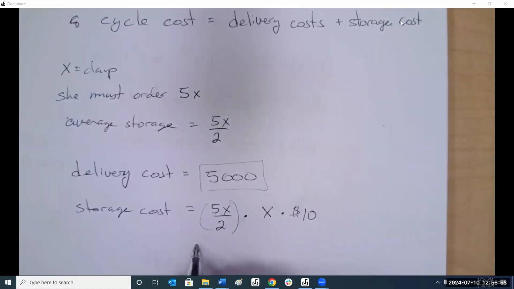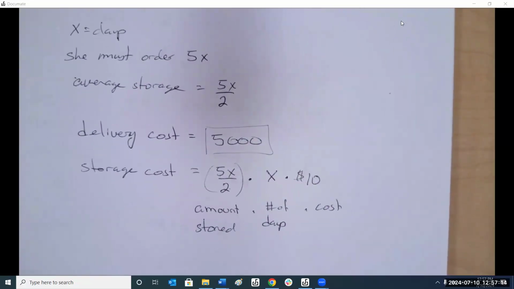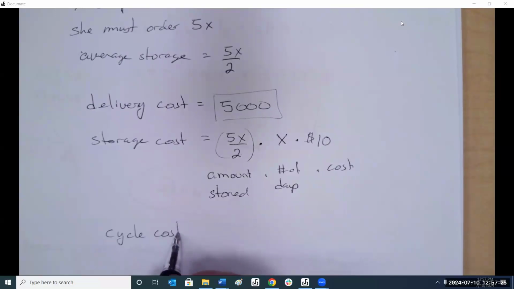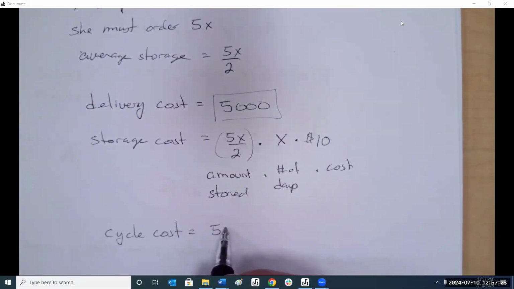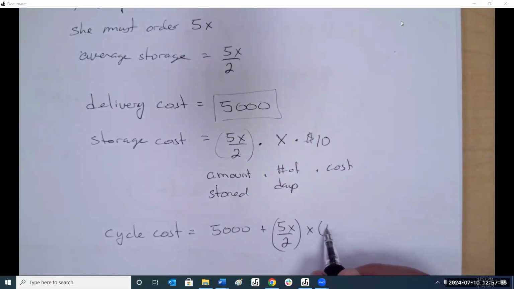So this is the amount in the storage, the number of days, and the cost of storage. So the cycle cost is equal to 5,000 plus 5x over 2 times x times 10.